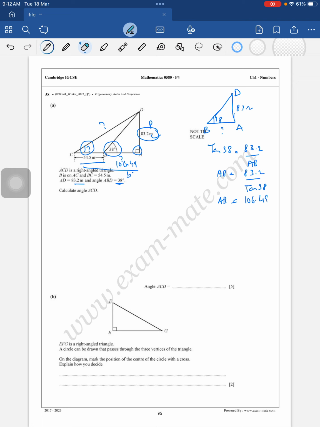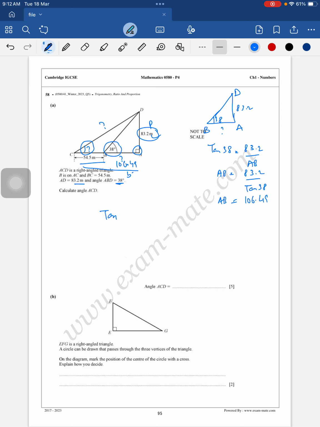So to find out this angle, we have two sides. We can apply cos, we can apply sine as well. So we apply cos angle C is equals to, again not cos because hypotenuse is not known. We will apply tangent.